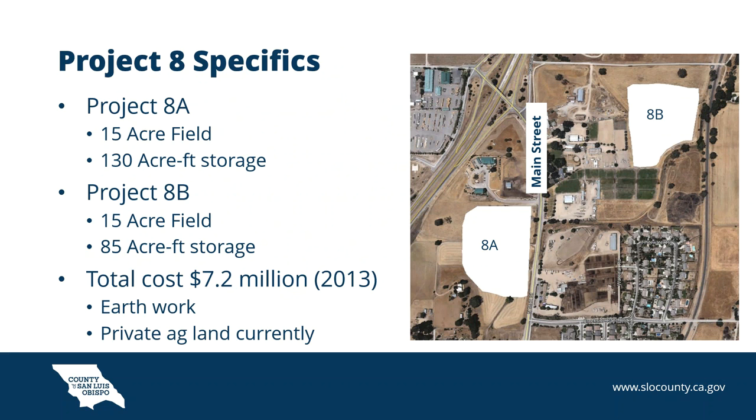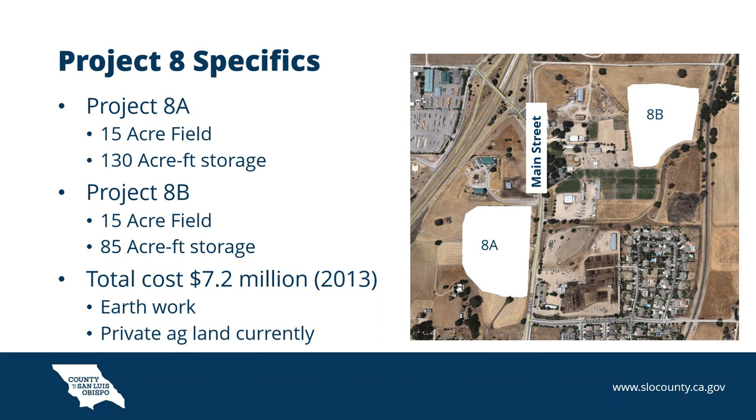So here's a picture of the 2 basins. That's Main Street going north. When you look at the FEMA maps, the flood maps, if you drew a line between those 2 basins, the 100-year floodplain would cross right over Main Street, and so during heavy storms, it might create an access issue for services.